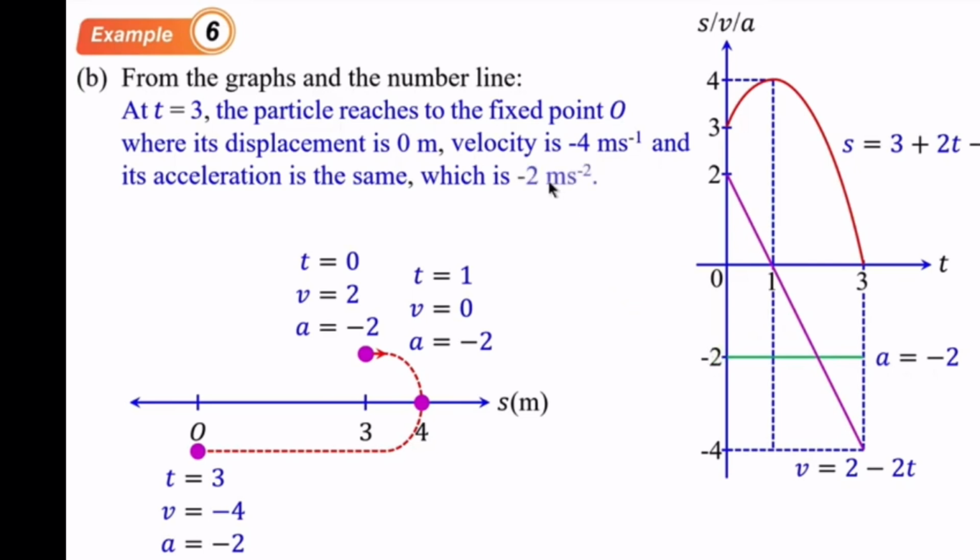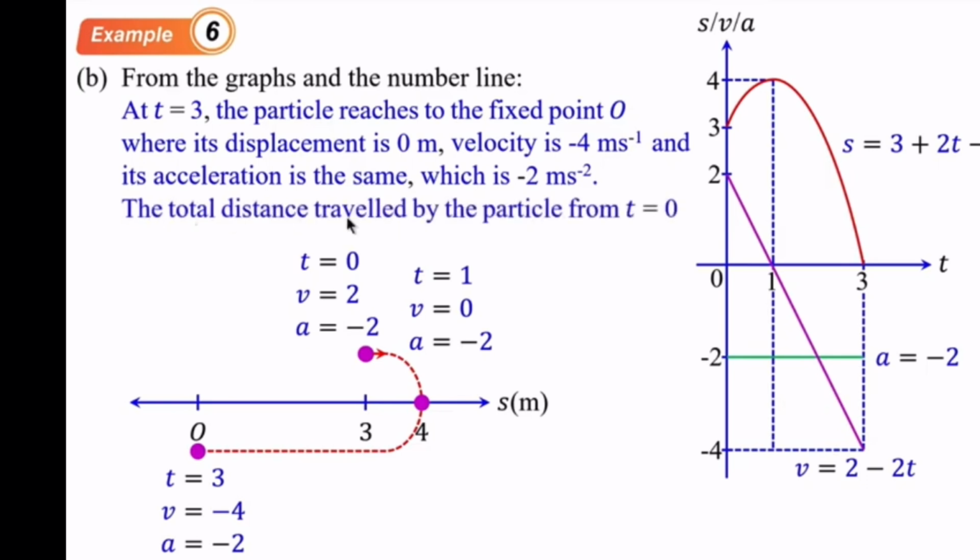So the acceleration is not affected by the time. It is uniform, which is -2 meters per second per second. Okay, so we have described the movement of the particle between 0 to 3.